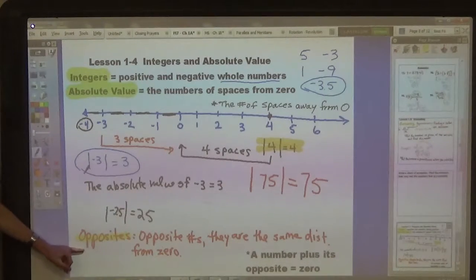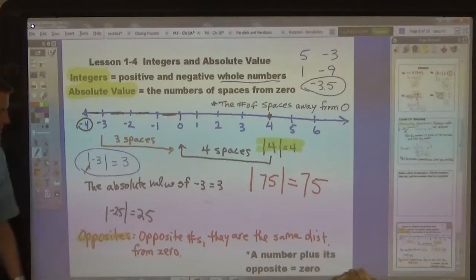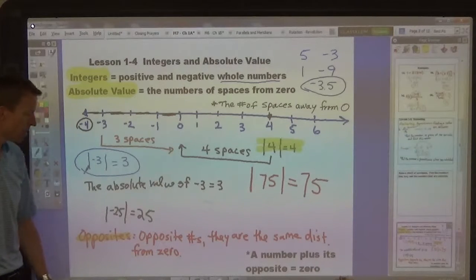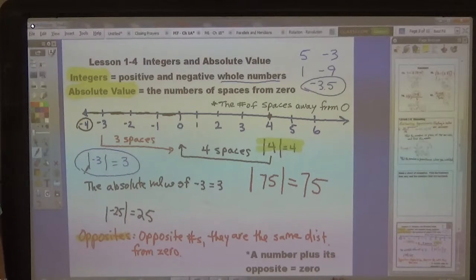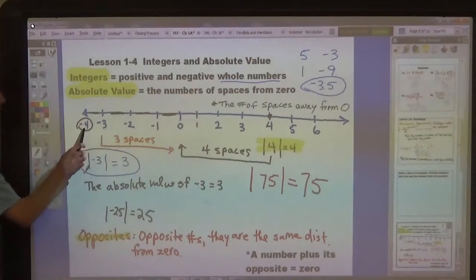There's another term you have to learn in this lesson. The term is opposites. Opposites refer to opposite numbers. Opposite numbers are the same distance from 0 on a number line. So 4 and -4 are opposites. Okay?